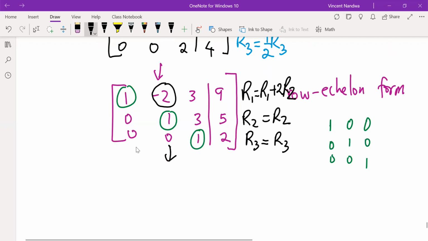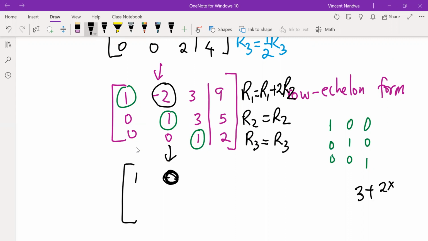So this will give me 1, and minus 2 plus 2 times 1 is 0. Then 3 plus 2 times 3 will give me 9. Then 9 plus 2 times 5 will give me 19.